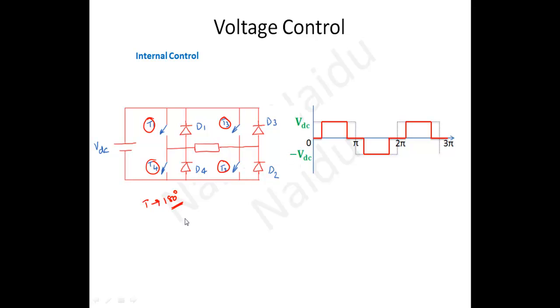But now we will turn on thyristors T1 and T2 for the positive half cycle at this location and turn them off here itself. Likewise, T3, T4 will be turned on here and turned off like this. That means we are operating these switches to get the quasi-square wave.